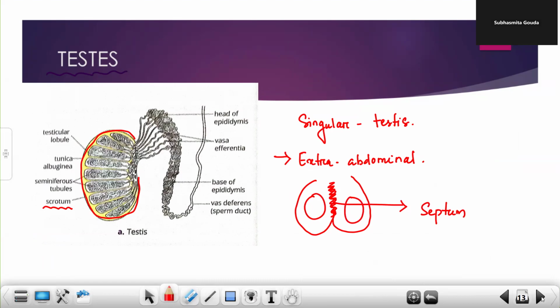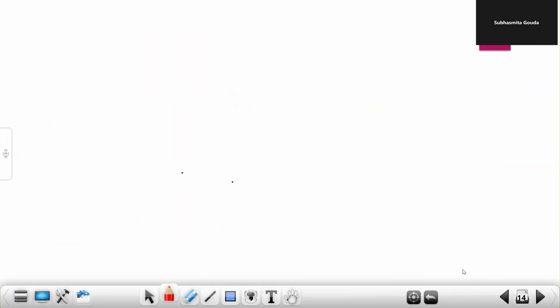Okay, next. The high temperature of the body does not allow the sperm to mature, thus the scrotum acts as a thermoregulator.